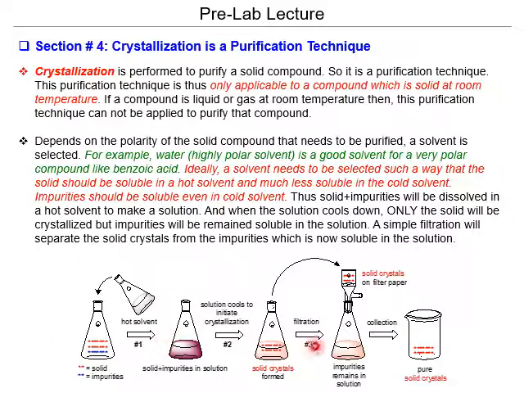Actually, you can see it right here in the drawing. And so the solvent will still hold on to the impurity, but your compound, the compound that you want, you can separate it here on this filter paper. And so you have the solid crystals here, the pure solid crystals, and the impurities remain in the solution.